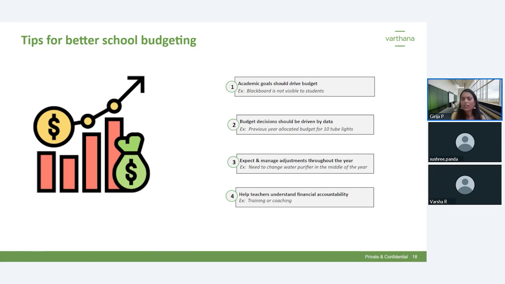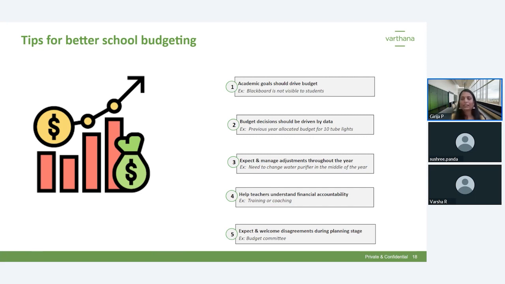Last but not least, when you are doing the budgeting, it is very important to welcome disagreements and include different perspectives, so you can avoid disagreements in the future. For example, you can set up a budget committee.